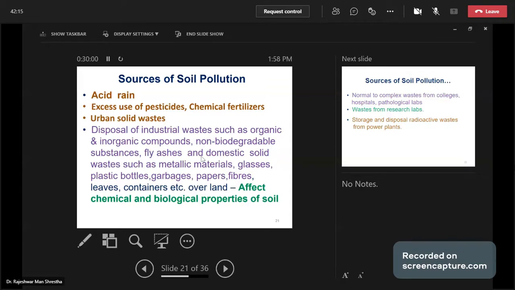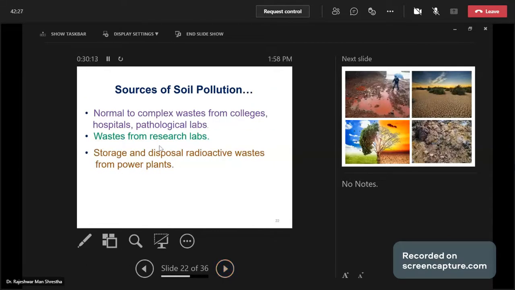And when they are thrown irregularly, that will affect the chemical and biological property of soil. Then again, a source of soil pollution is wastage from college, hospital and pathology.